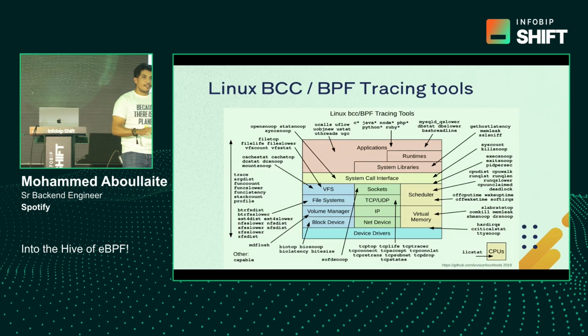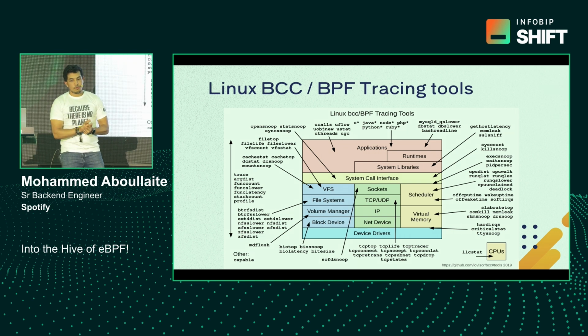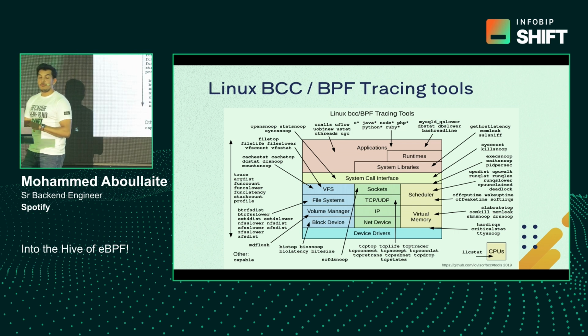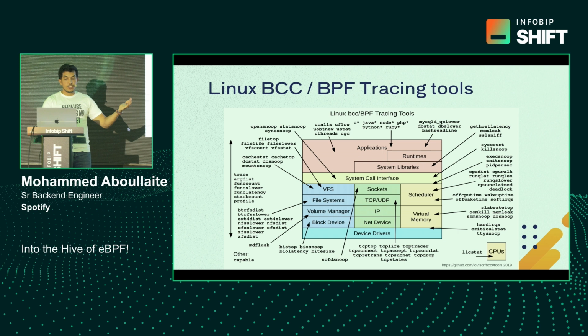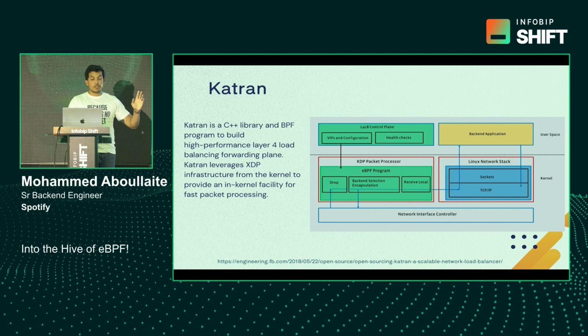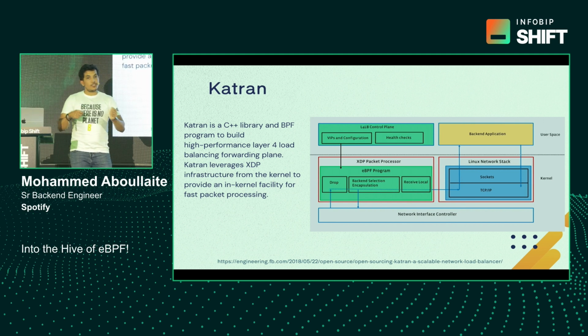When it comes to eBPF, I believe, and a lot of people in the community believe, that we won't be writing a lot of eBPF code, but rather using a lot of the tools that use eBPF. Some of the tools I already mentioned. BCC is a set of tools that offers you some profiling information from the Linux kernel, by Brendan Gregg. Katran is an XDP load balancer written in eBPF.